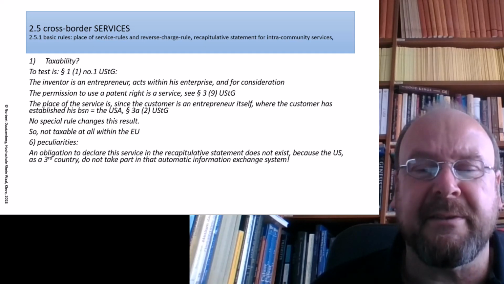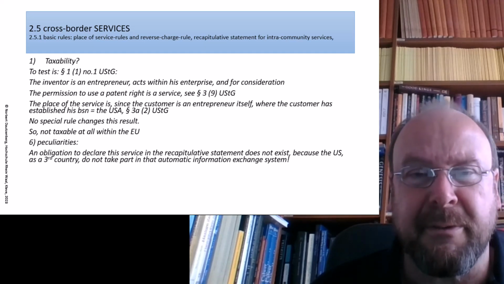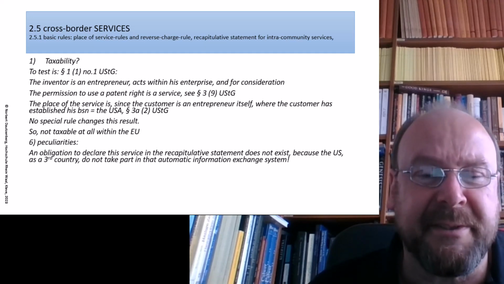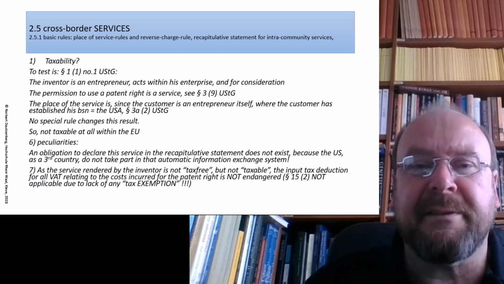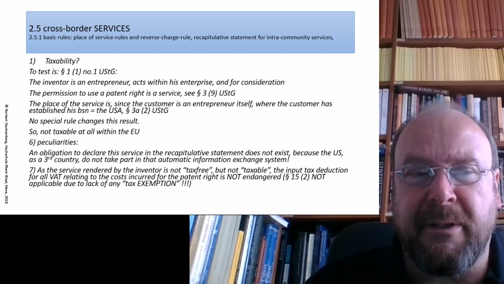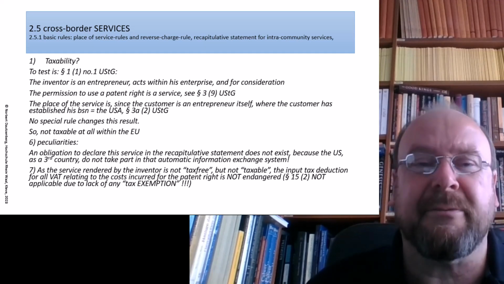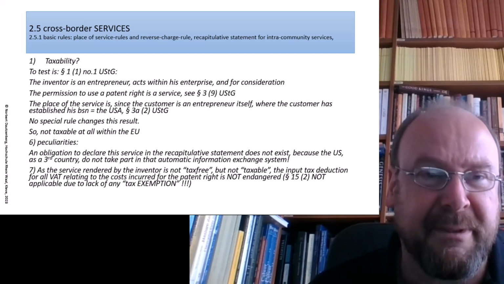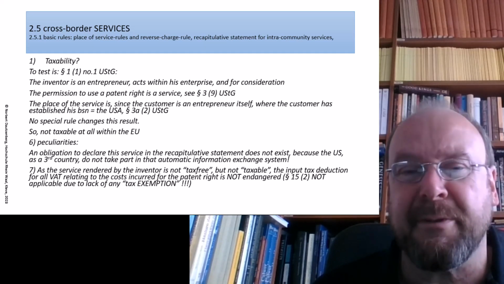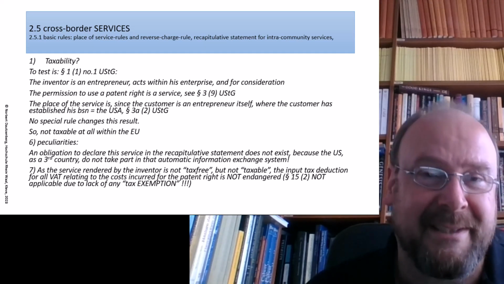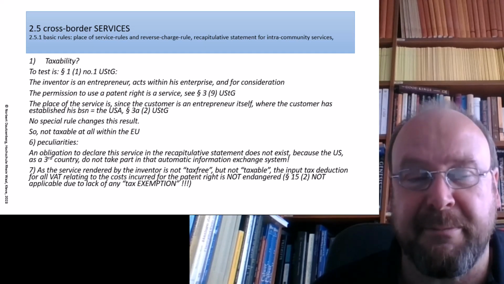Peculiarities: there is no recapitulative statement because the US doesn't take part in that system as a non-EU state. And naturally, our entrepreneur keeps the right to deduct input tax as before, because he does not render a tax-free service, but only a service which is taxable in another country from our perspective.